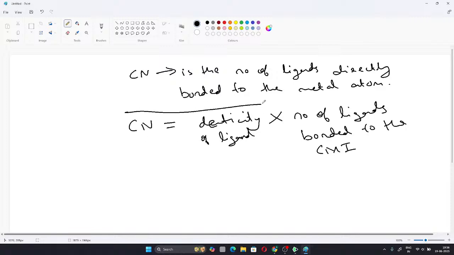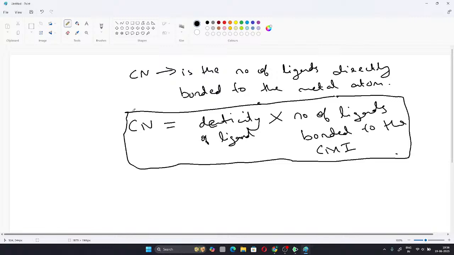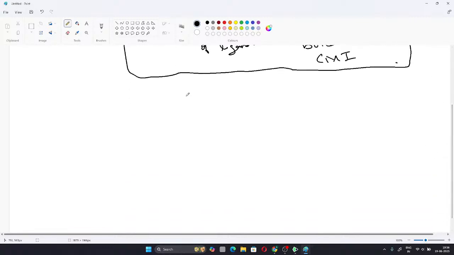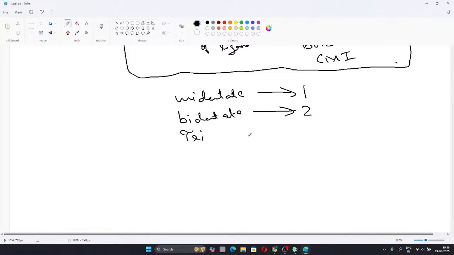How we should take denticity values is: unidentate value is 1, bidentate value is 2, tridentate is 3, and so on.